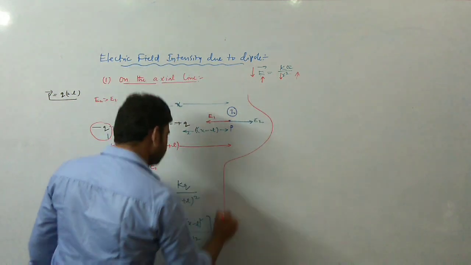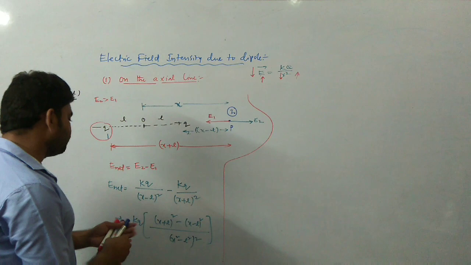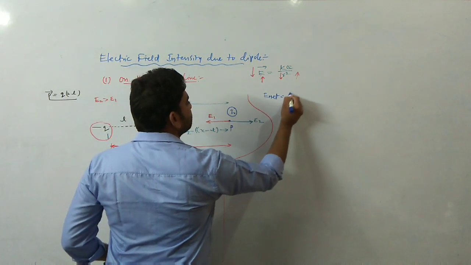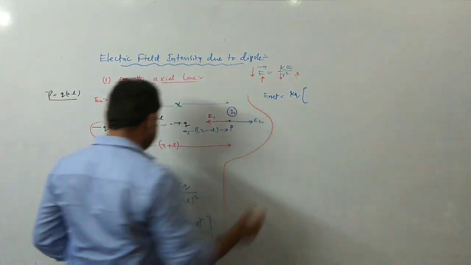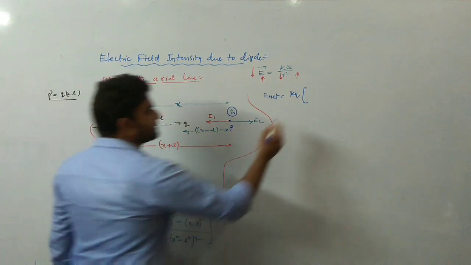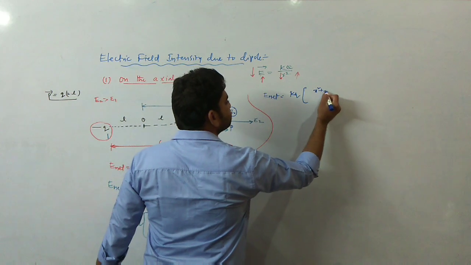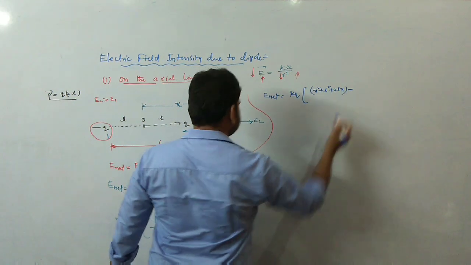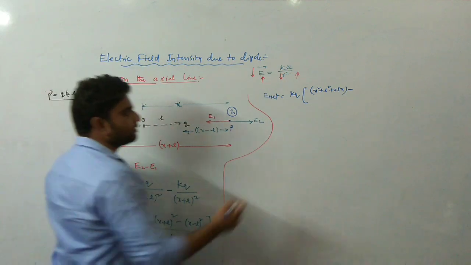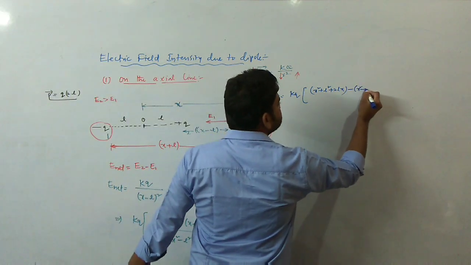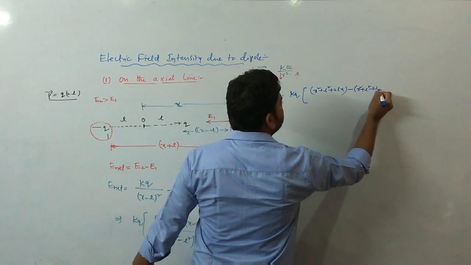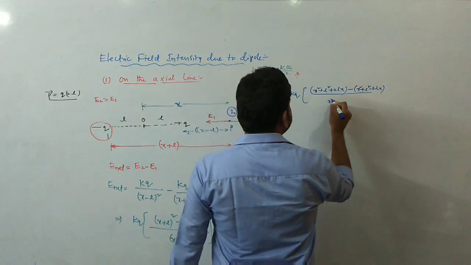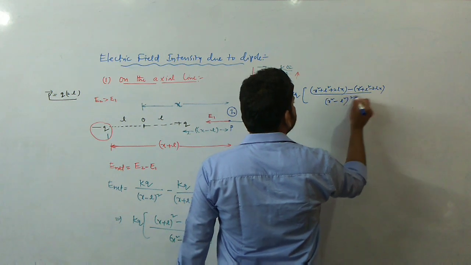My E net value equals KQ into x square plus L square plus 2LX, minus x square plus L square minus 2LX, by the remaining down, x square minus L square whole square.